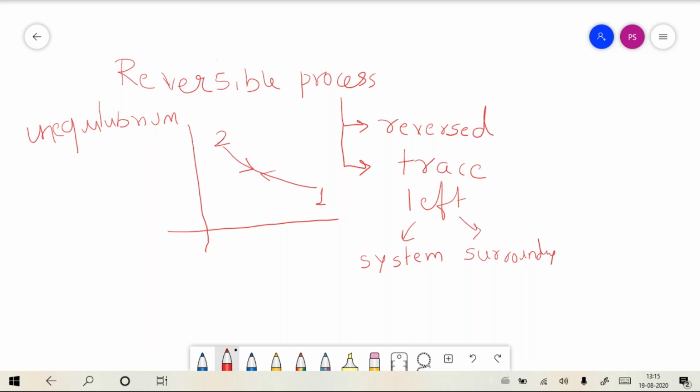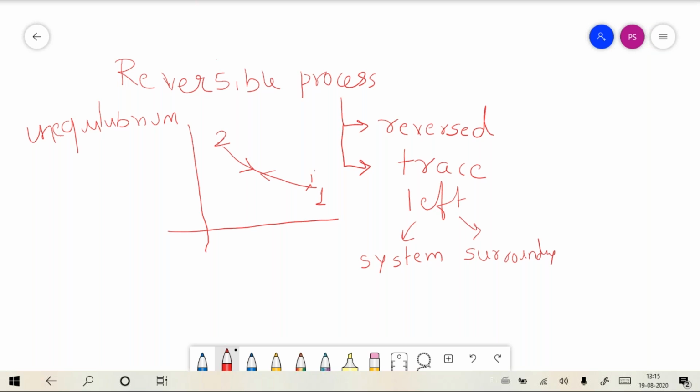It could be a mechanical disequilibrium, or the disequilibrium could be because of the change in the chemical composition, and that is called a chemical disequilibrium. So whenever we are talking about a real process, it happens only if there is a disequilibrium. Now when you are talking about an ideal process, a reversible process, then what we are saying is that this process has to move extremely slowly.